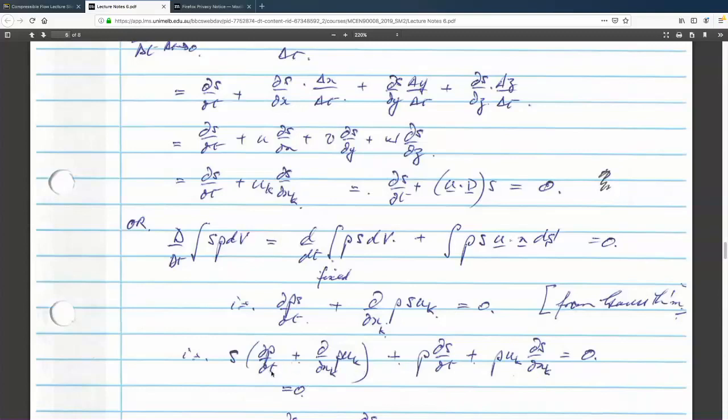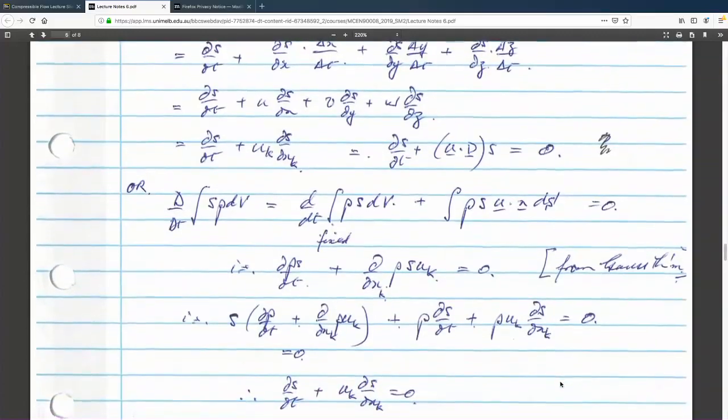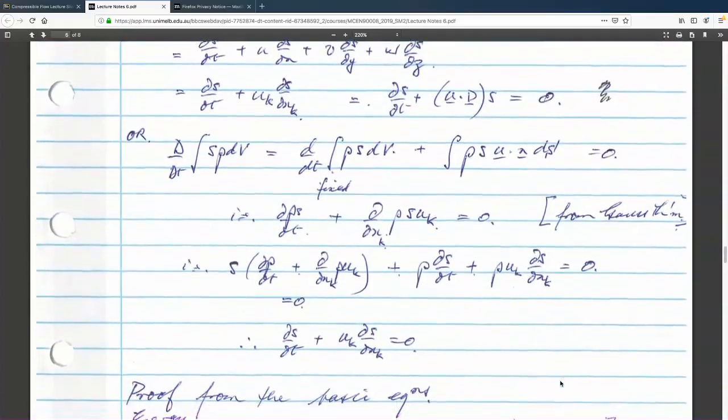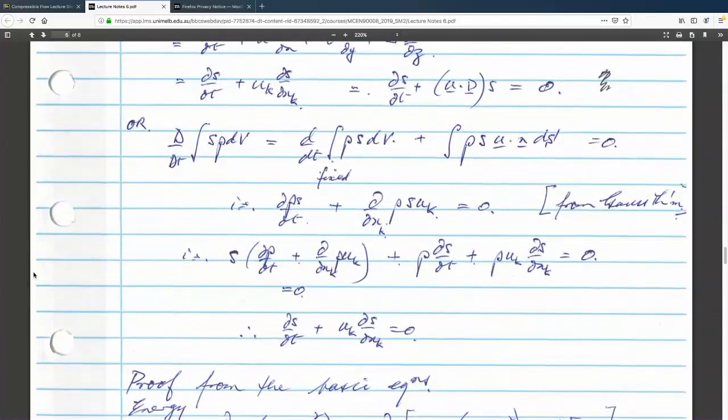So that is identically 0. And so I've shown you that even in this case, I get the same answer as I had before. Rho ds/dt, rho into ds/dt plus u dot grad s equals 0. So we get the same answer, just as I did before.